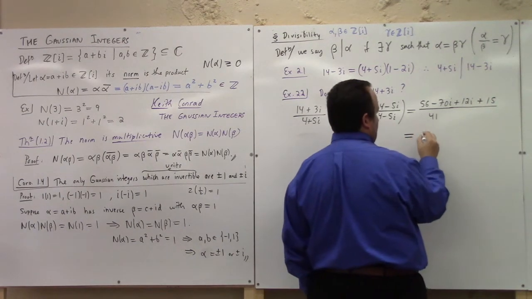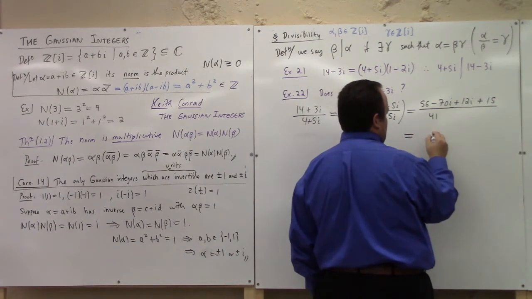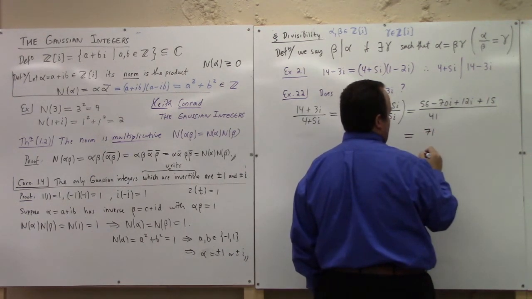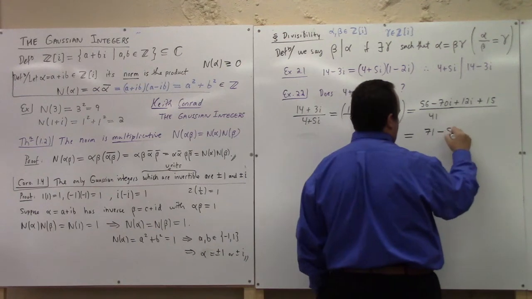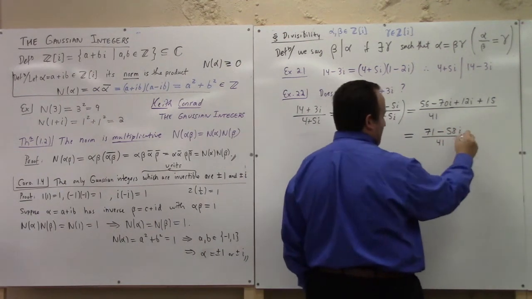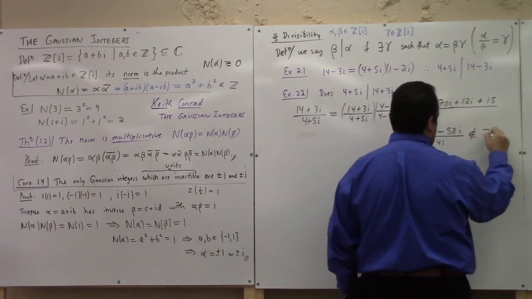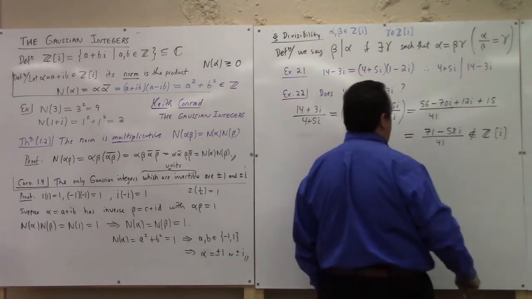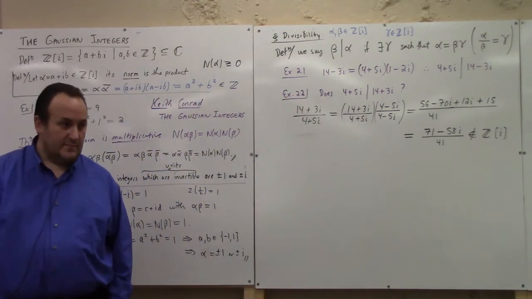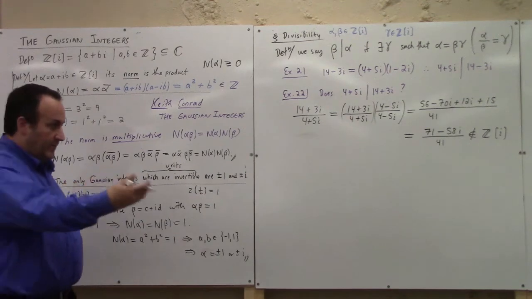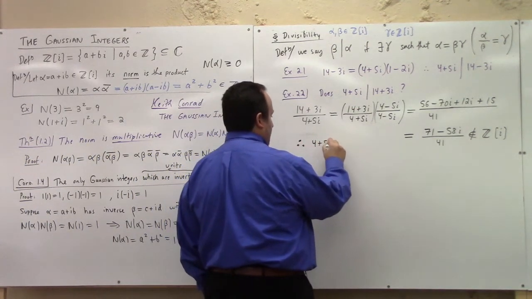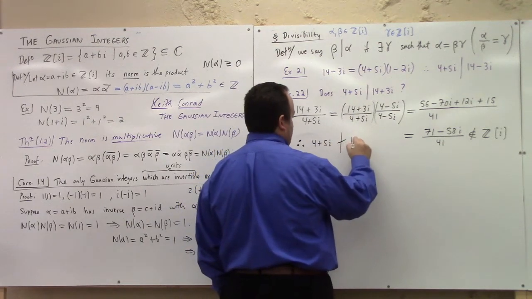So 56 plus 15 is 71, and 70 minus 12 is 58, so 71 minus 58i, divided by 41. This is not an element of the Gaussian integers, because 71 over 41 and 58 over 41 are not integers. Therefore, 4 plus 5i does not divide 14 plus 3i.